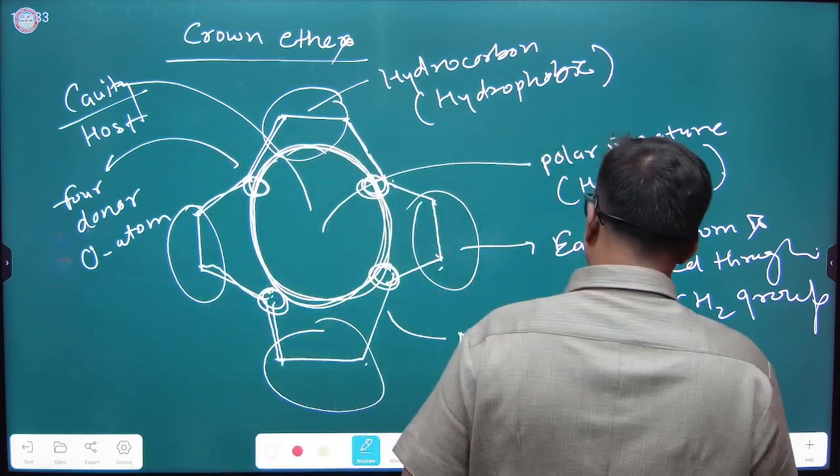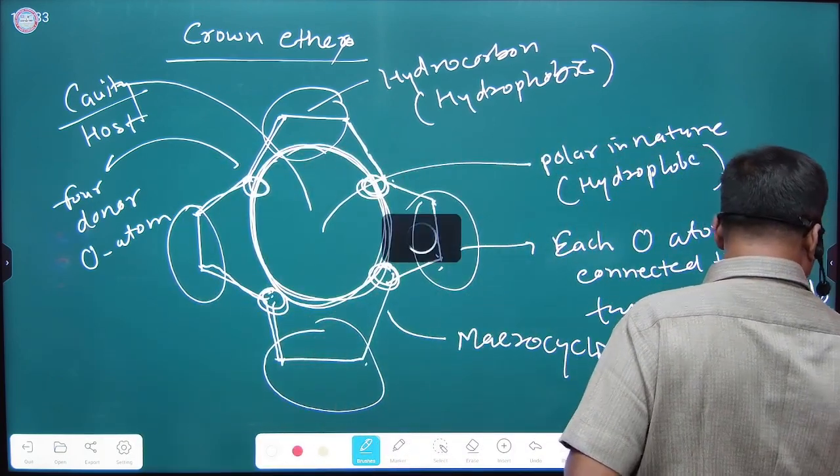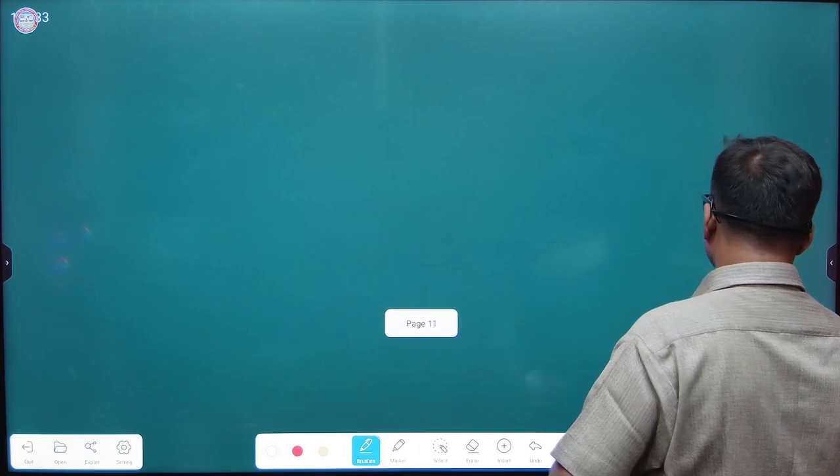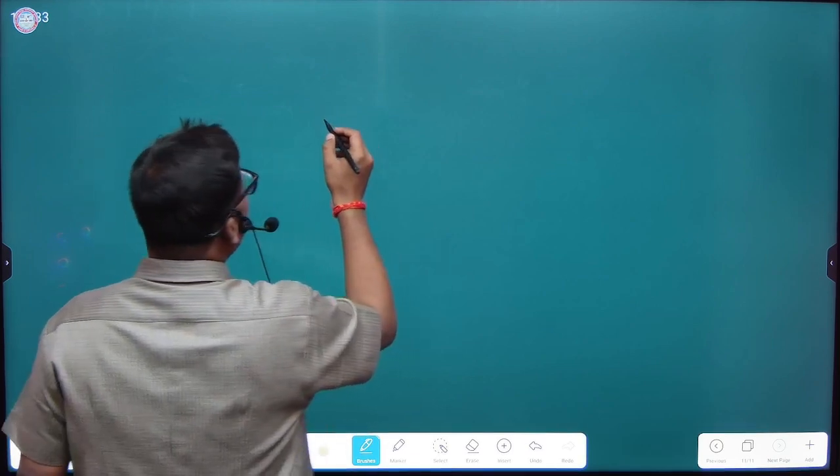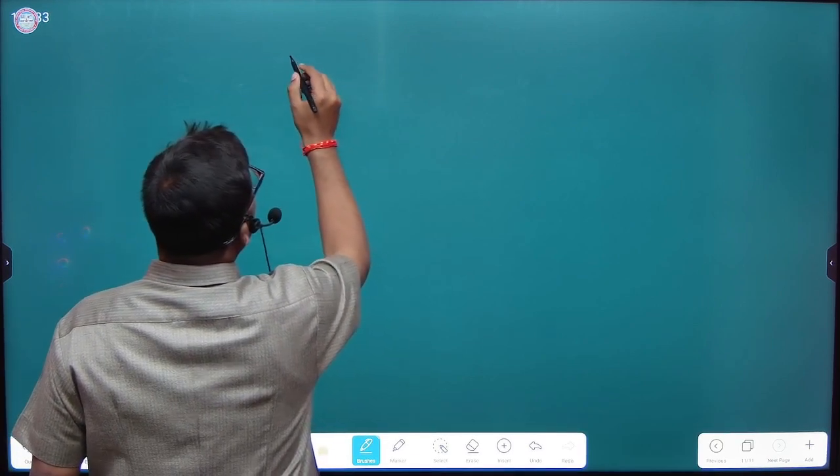Okay, so there is another page. Again, we draw the structure of crown ethers.